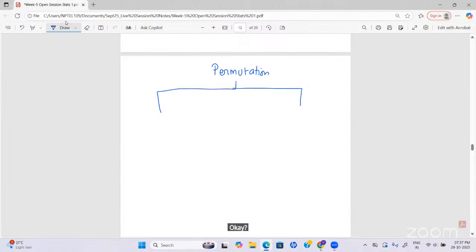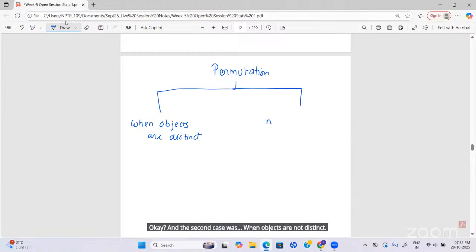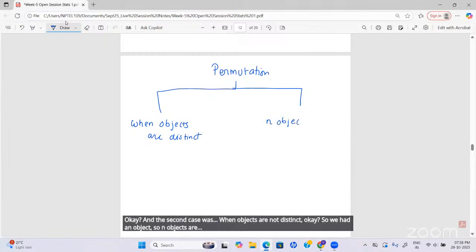So we have studied permutation. In permutation, we have seen two cases. One case was when objects are distinct, and the second case was when n objects are not distinct.